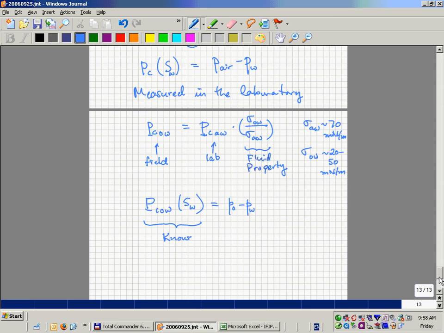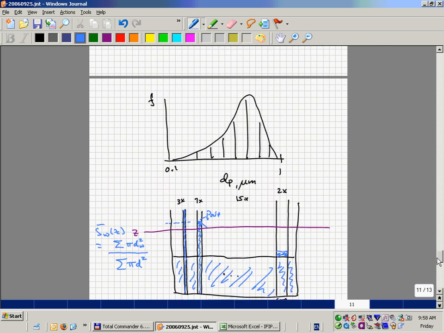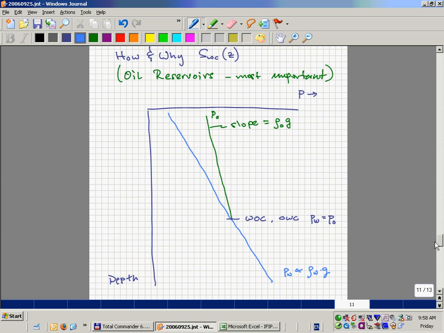So now, if we go back to this figure here, what is this? Oil pressure, water pressure.